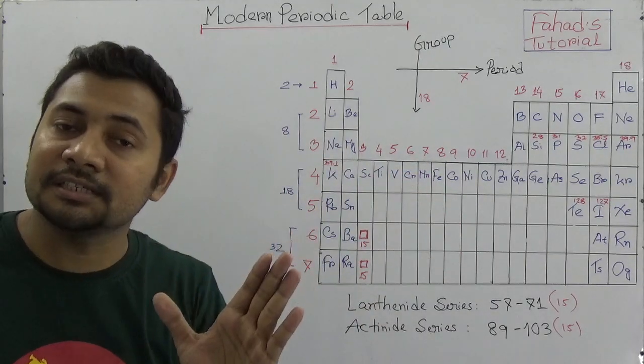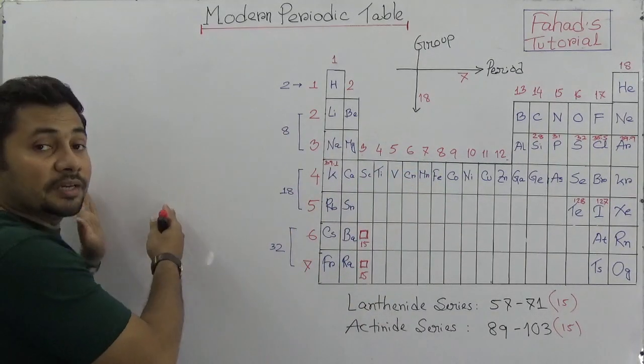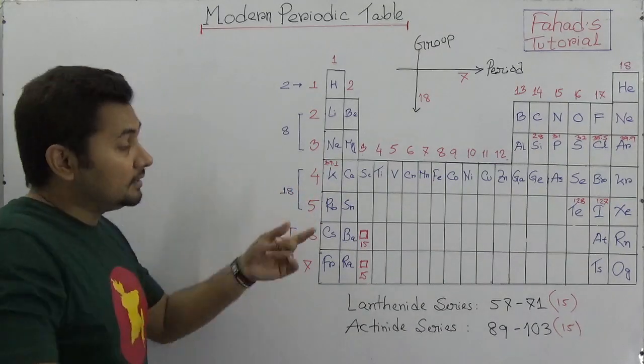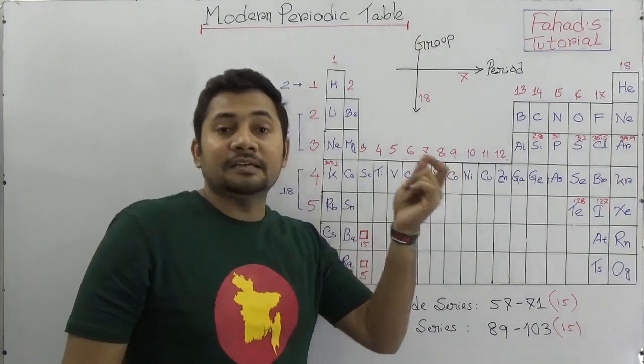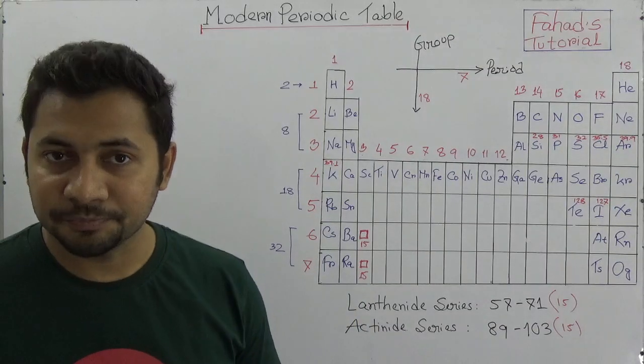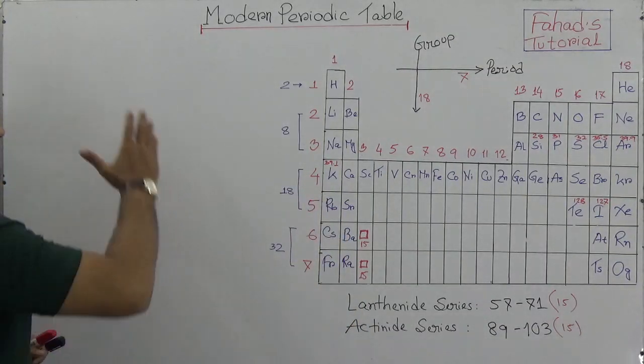If you know the electron configurations, from that we can determine which group and period an element belongs to. So let's start to understand.